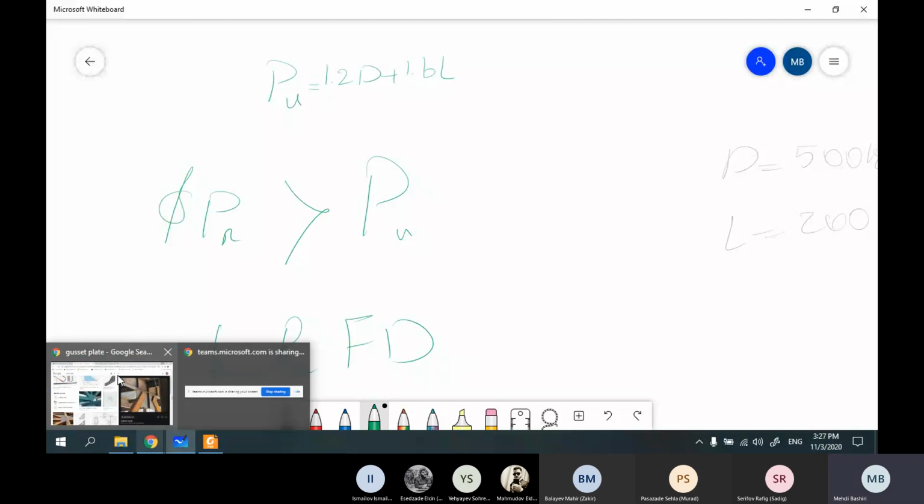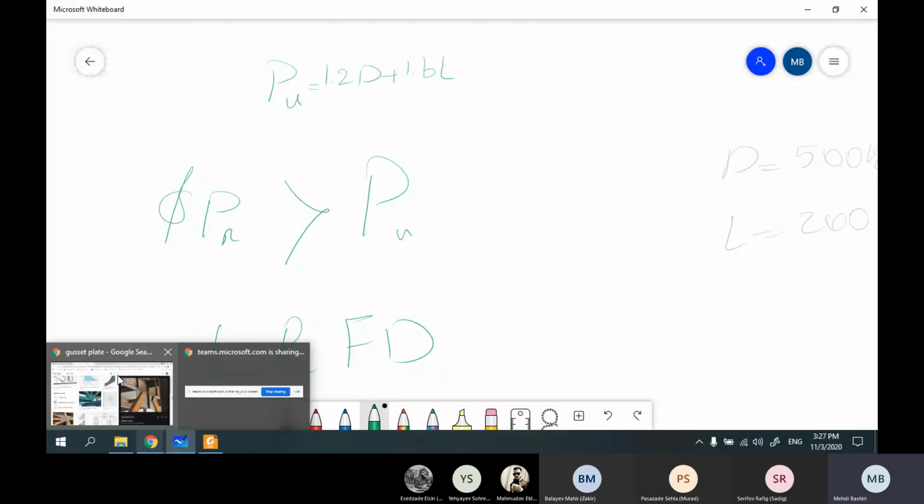And in this course, we are not going to use this one, ASD, or allowable stress design. This is an old-fashioned concept, and we're not going to use it anymore, at least in steel structure. Maybe you may use it in soil engineering, but in steel structure or even in concrete structures, it's better to use LRFD because it's a newer method.